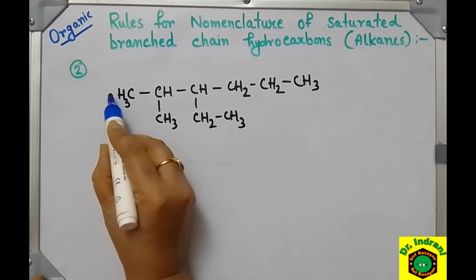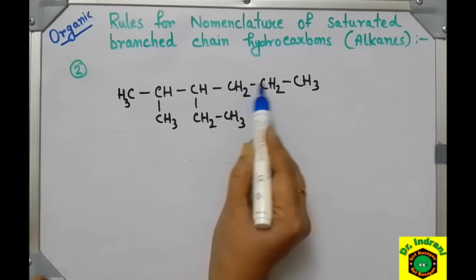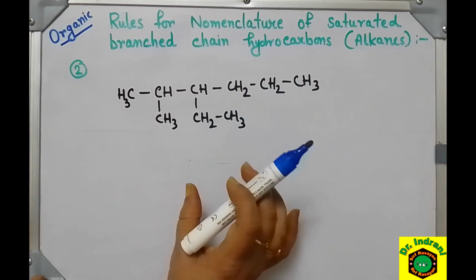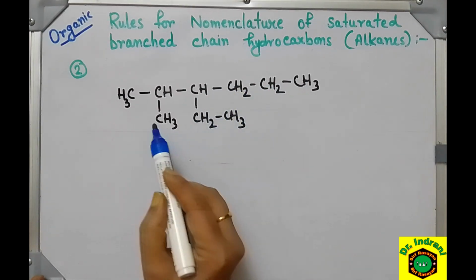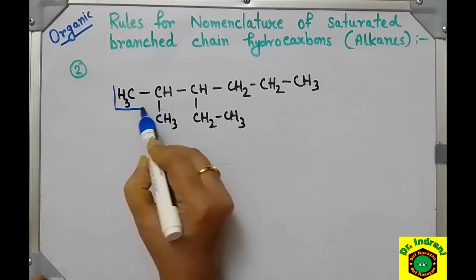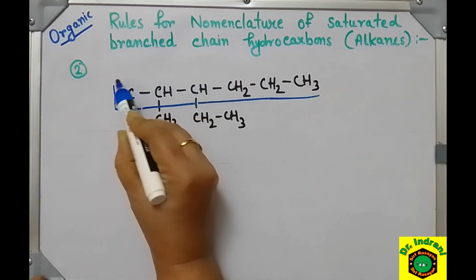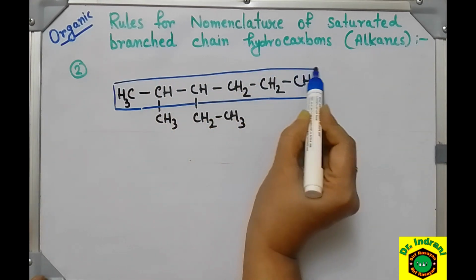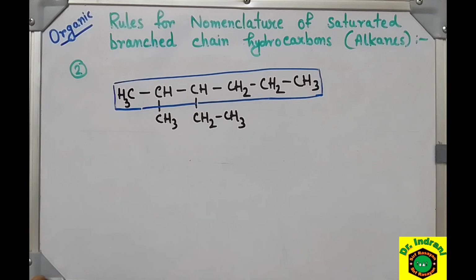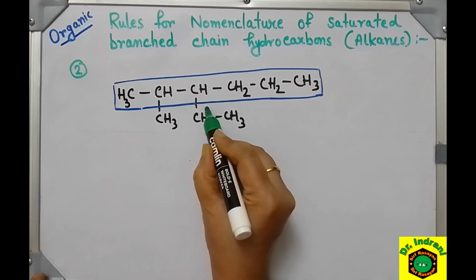This is the longest chain, because another chain also has 1, 2, 3, 4, 5, 6 carbon atoms. 4 possibilities I am showing you. So this is a 6 carbon atom chain, and here is another 6 carbon atom chain.